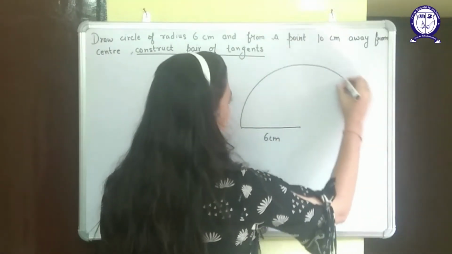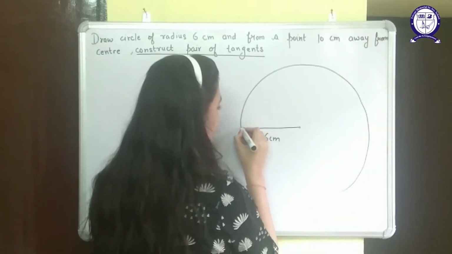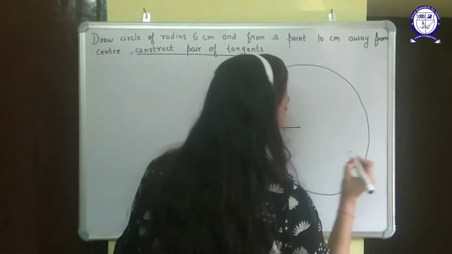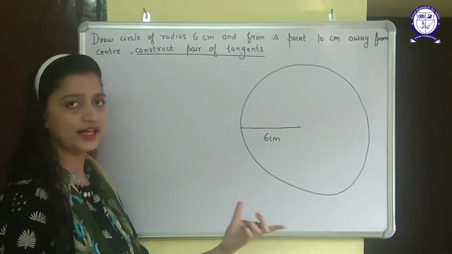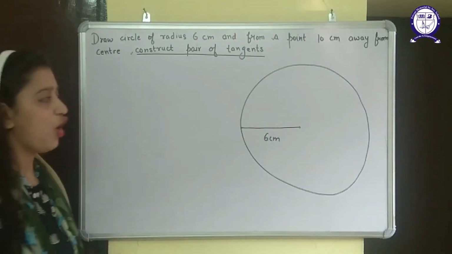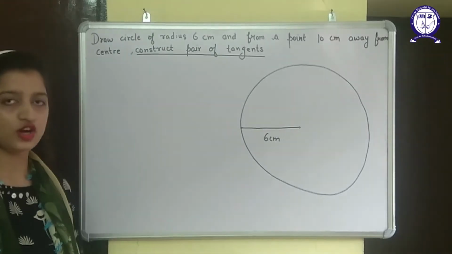These are the two ways of drawing the circle. The first one is you can directly open the compass to 6 cm and draw a circle, or you can draw a line first and then draw a circle.